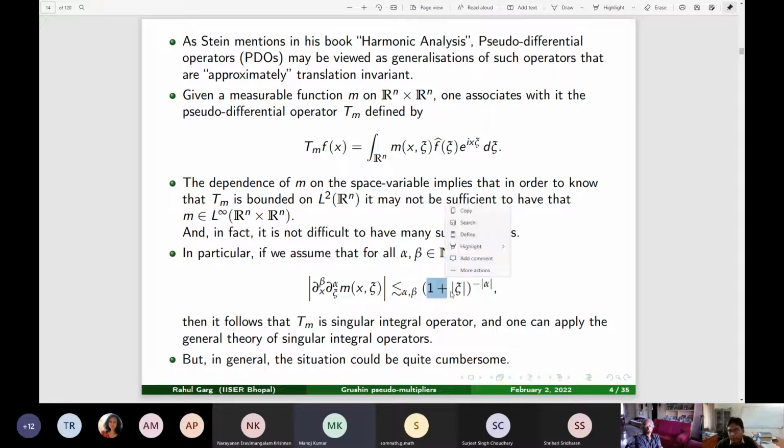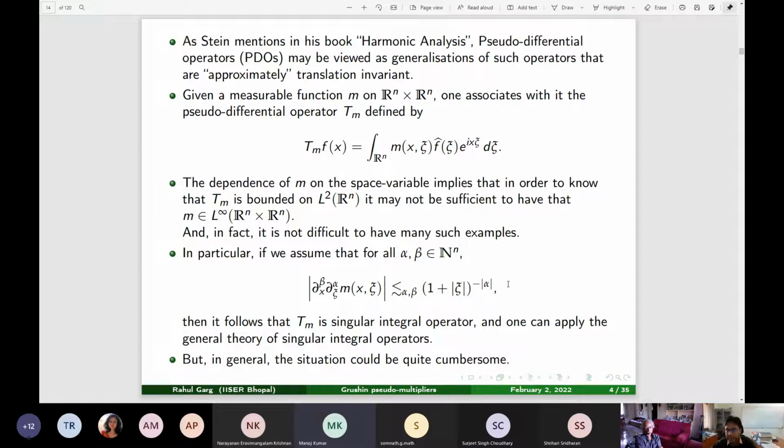What happens when you are looking not at pseudo-differential, but rather multiplier symbols where there is no dependence on x? Hörmander's condition says that you are allowed to take singularity at 0. So when you go for higher derivatives, you do allow singularity at 0. But once you go for pseudo symbols, when you go for pseudo-differential calculus, singularity at 0 is not good. Once again, Stein's book gives examples where, if you are allowing a decay condition of the type |xi| to the power minus alpha, which is singularity at 0, then you may not get L2 boundedness. There are examples.